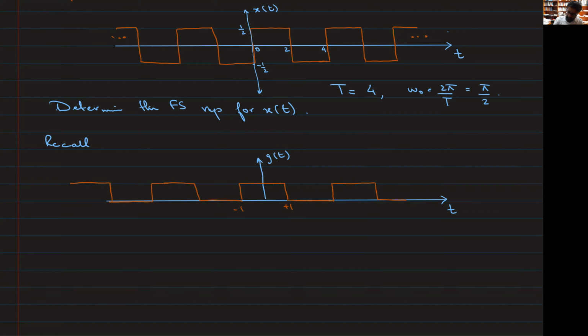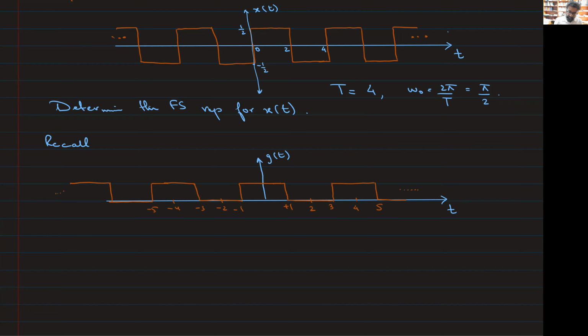And therefore, this would be 2, and this would be 3, and this would be 4, and this would be 5, and so on and so forth. This would be -2, -3, -4, -5, and this goes on. And the period for this is, of course, capital T equals 4.